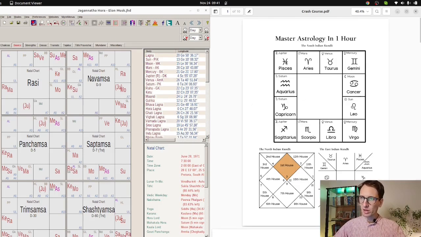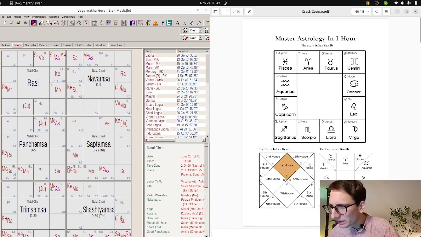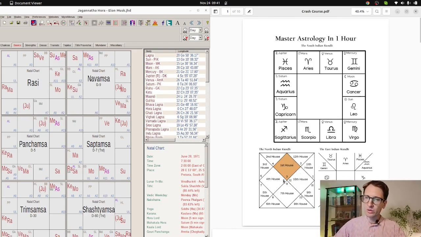But in the North Indian chart, it is not the zodiac that is in a fixed position, but the houses. The first house is always here, and then you go around 1, 2, 3, 4, 5, 6, 7, 8, 9, 10, 11, 12. You can know which zodiac it is by the number here.